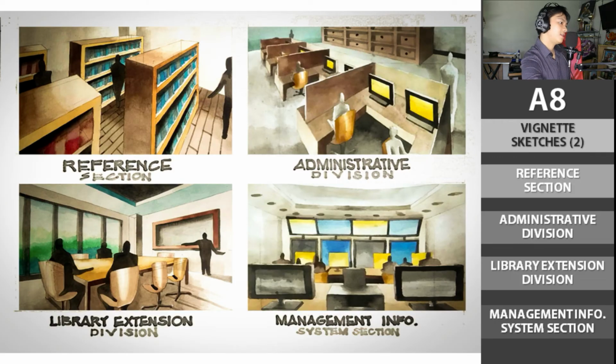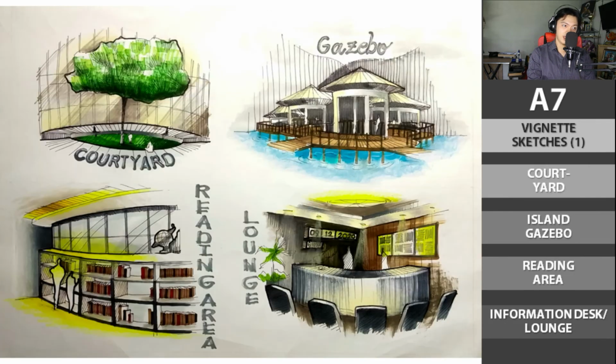On our vignette sketches, I wanted to highlight the island gazebos, which are used for other activities aside from reading, especially recreational and outreach program facilities. And then we also have this reading area right here.